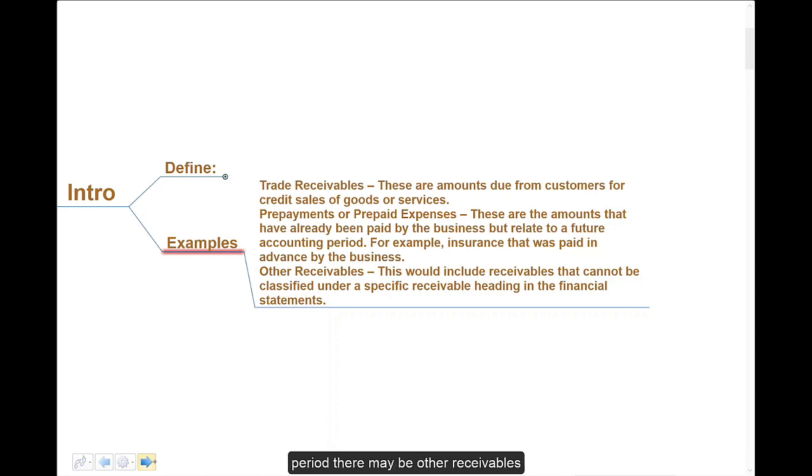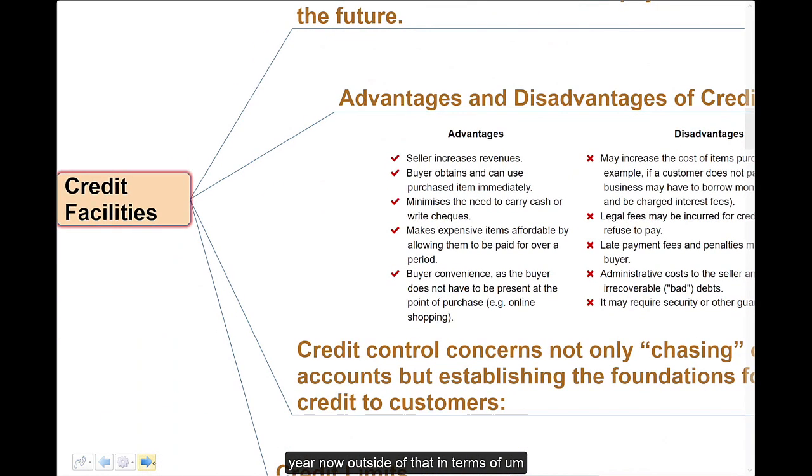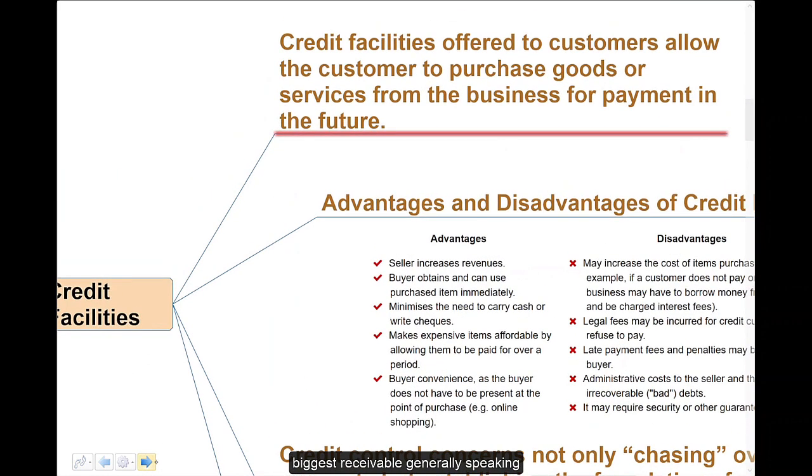There may be other receivables that can't be specifically related to trade in some way, possibly a loan that we've made or some other amount. So in terms of receivables, broadly speaking, we know that they are current assets in the main, due within 1 year.